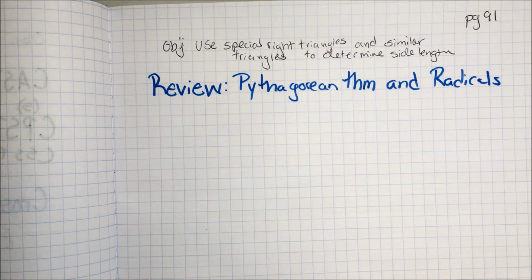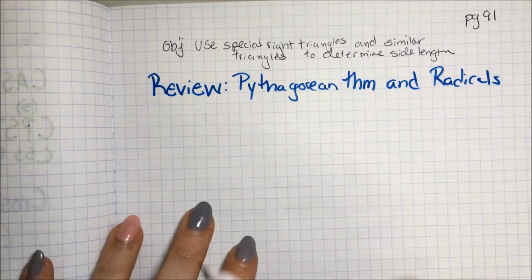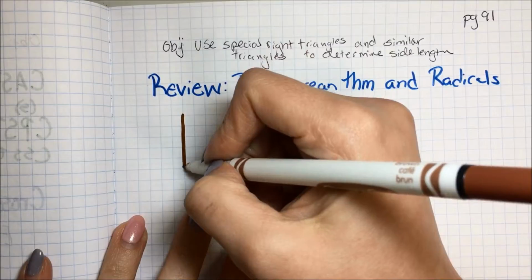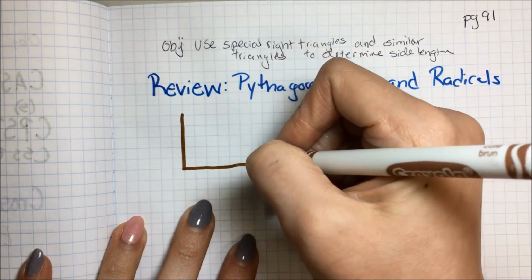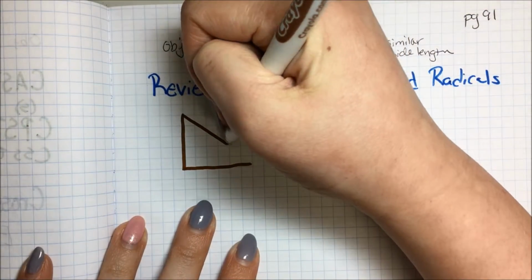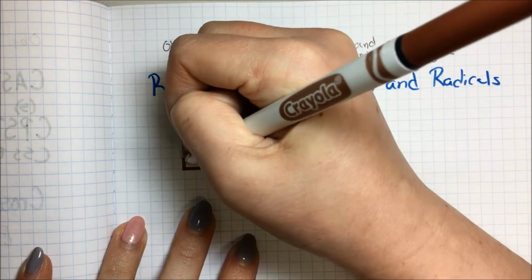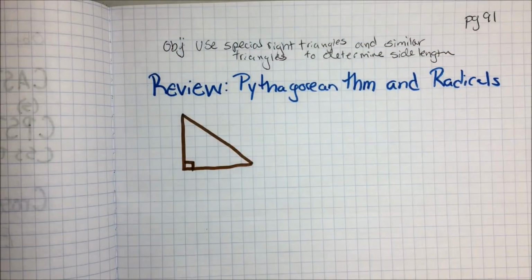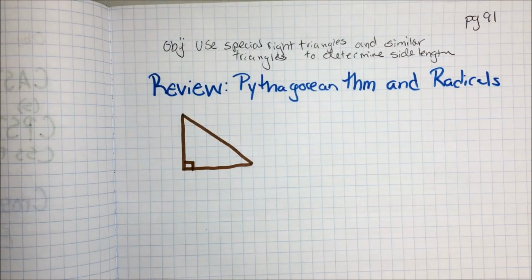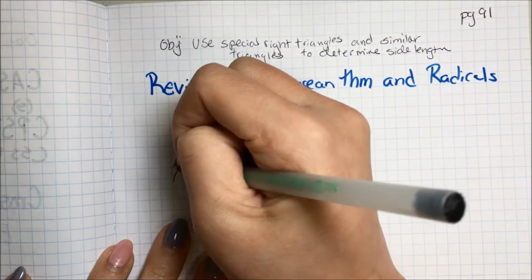But let's look at your typical right triangle. How do I know this is a right triangle? Step 1, it has a right angle.